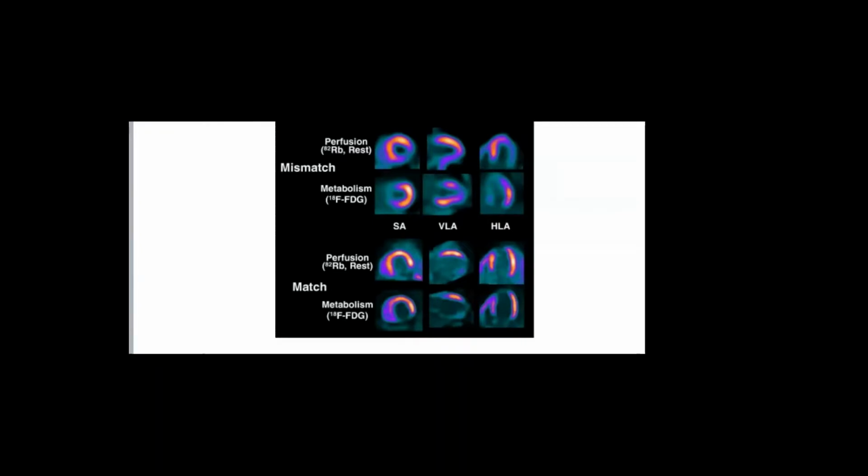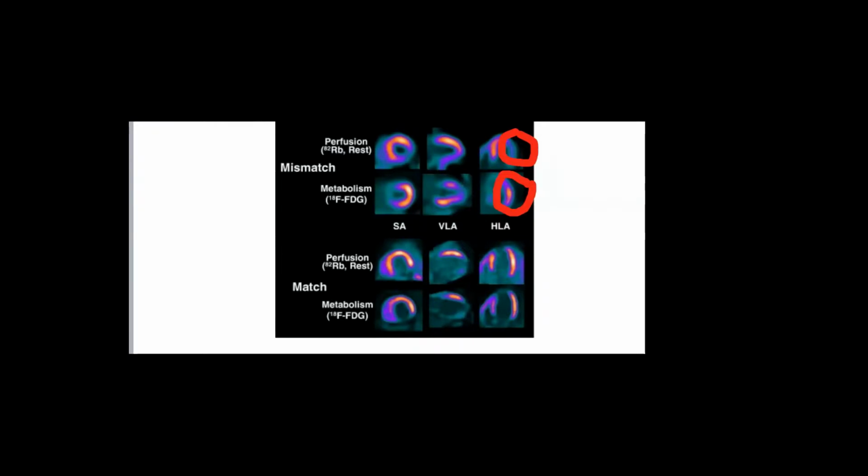This part, for example, has no perfusion, but when I give the metabolic tracer, it's active. So no perfusion, but metabolically active. This is called mismatch: a mismatch between the perfusion, which is absent, and the metabolism, which is present. Mismatch indicates viability.